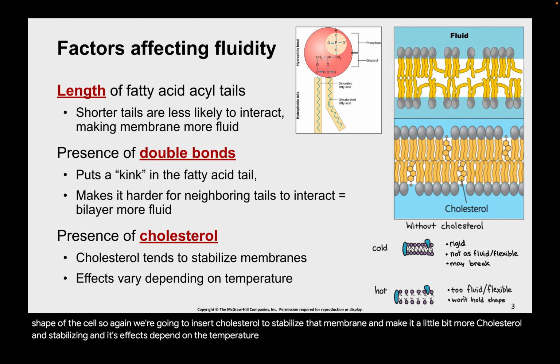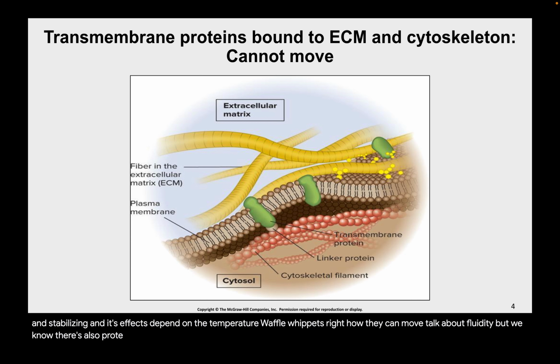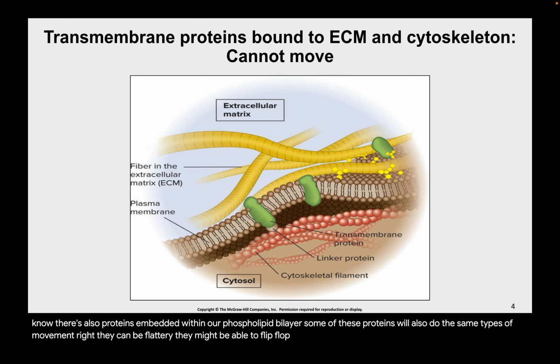Now we talked about our phospholipids, how they can move, talked about fluidity, but we know there's also proteins embedded within our phospholipid bilayer. Some of these proteins will also do the same types of movement. They can move laterally, they might be able to flip-flop. That's going to take a lot of energy though.